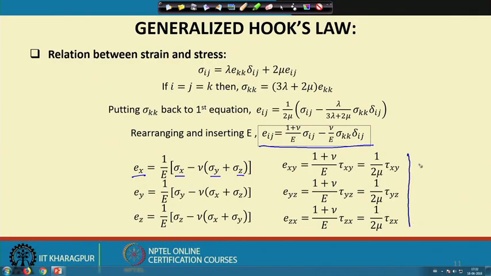When a material is given to you as an engineer, you are very interested in knowing its material properties. That is our motivation for studying this, and in the next lecture we will understand the physical meaning of these isotropic material constants E and nu.